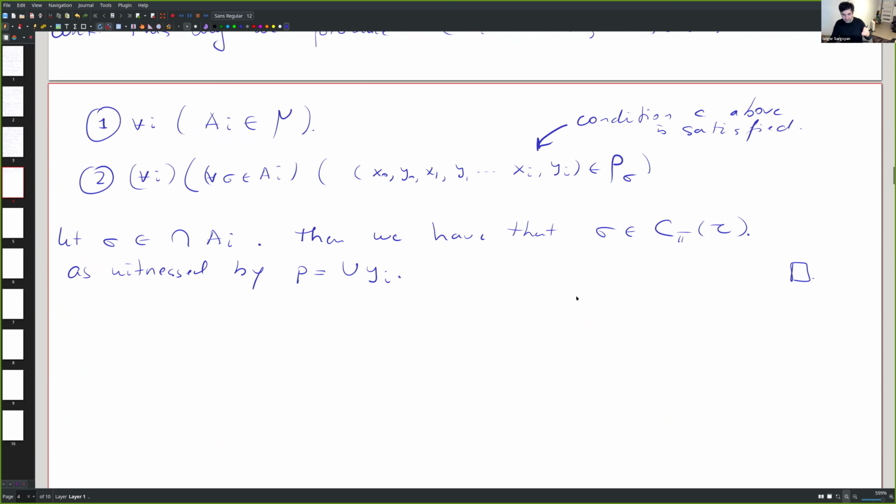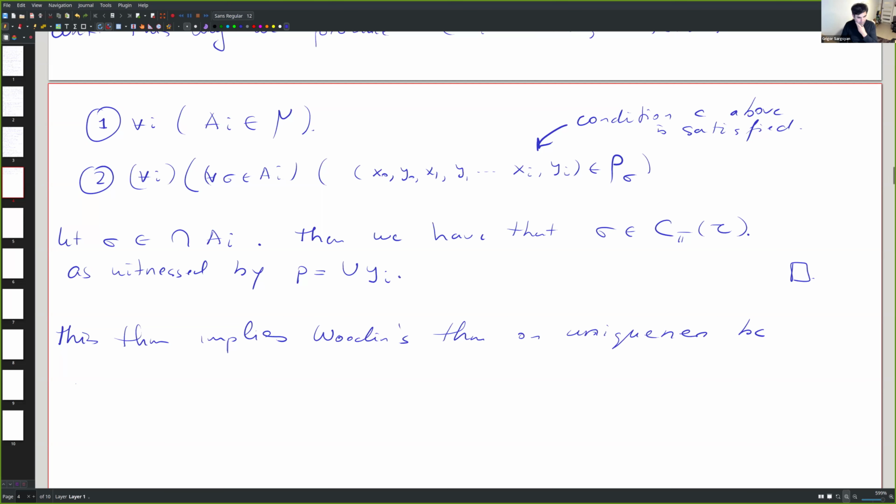Okay, but this also gives you the uniqueness now, because this theorem implies it. Because why?